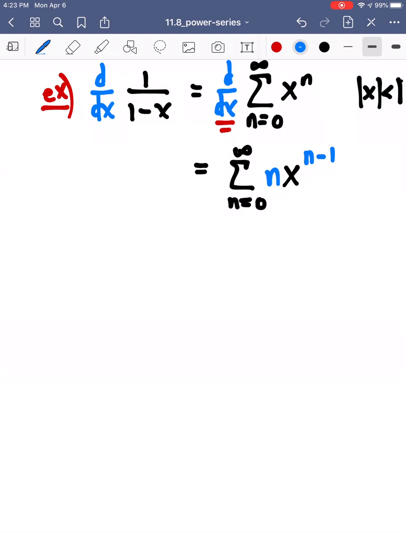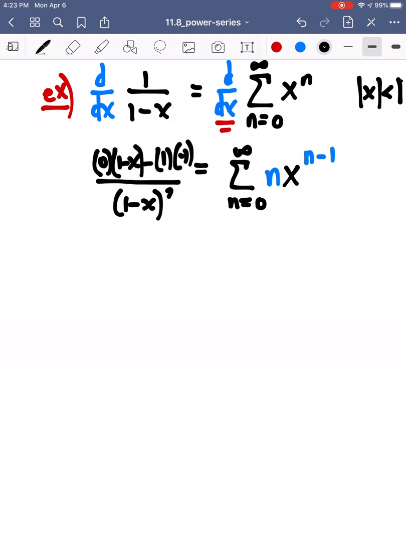That left-hand side, we have to do a little bit more work. And well, this left-hand side, we get to do quotient rule, which will give us the derivative of the top, which is 0, times the bottom, minus the numerator times the derivative of the bottom, which is minus 1, all over the denominator squared.